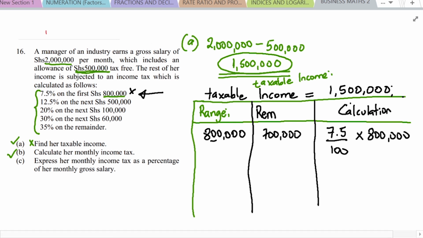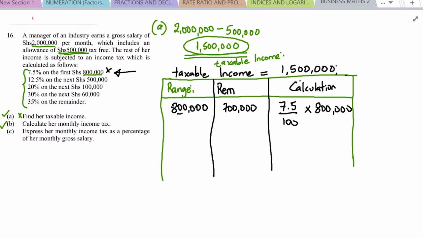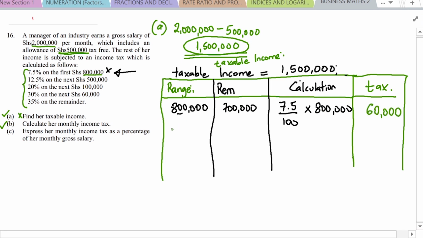And so when we subject it to that kind of calculation, what do we end up with? We shall end up with the actual final tax, and the actual final tax in this case will be 60,000. So that's the tax. So remember here we end up with 700,000 is what remains.